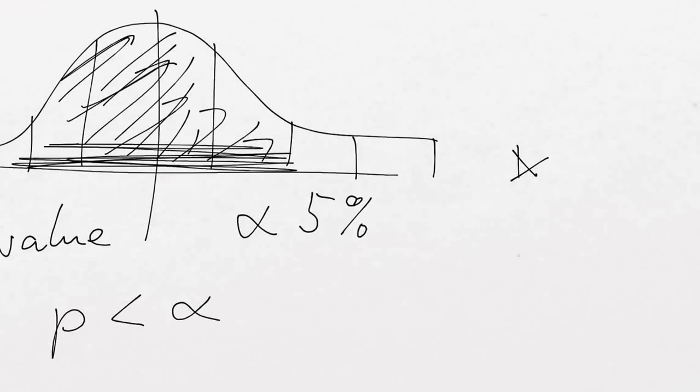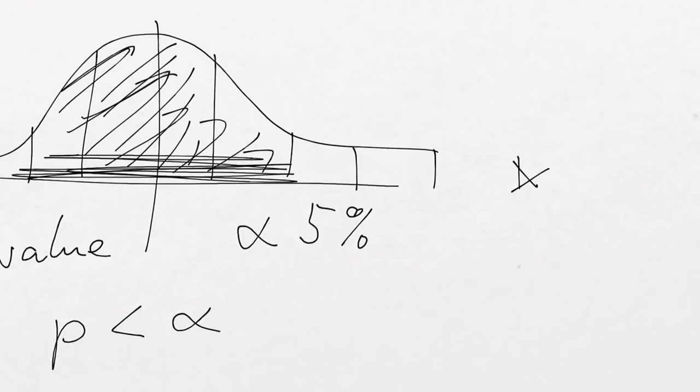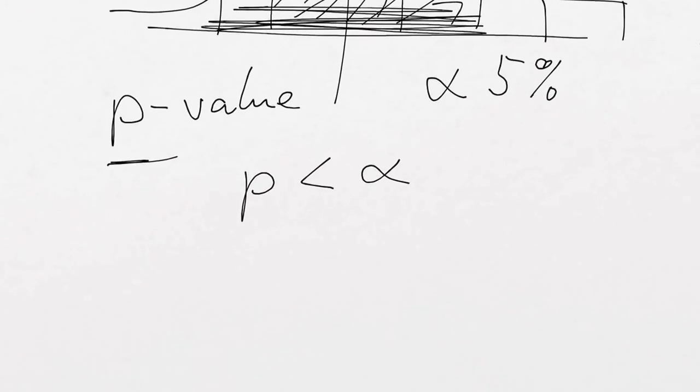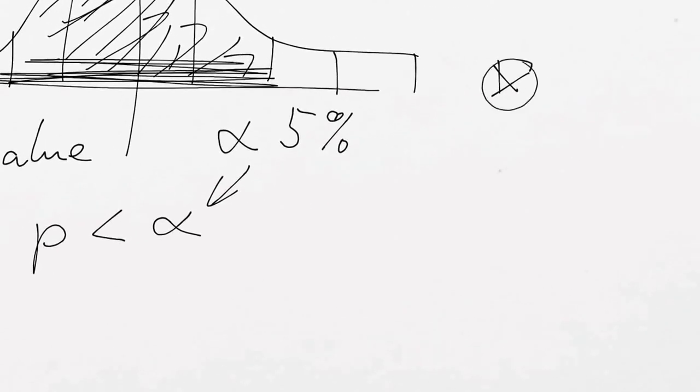How likely is it that this belongs to the same curve? It's not terribly likely. So this probability is fairly small. It is smaller than this alpha. Would I say that this sample here, that I picked here, belongs to this curve? No. Would I say that there is a difference between this one here and the data represented in this curve? Yes, I would say so.